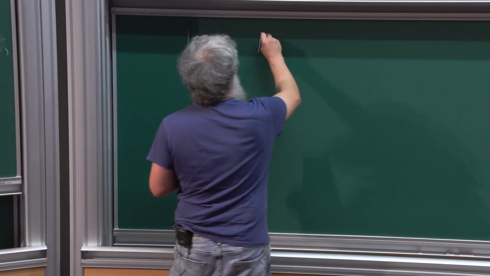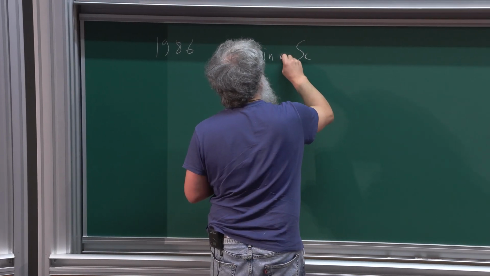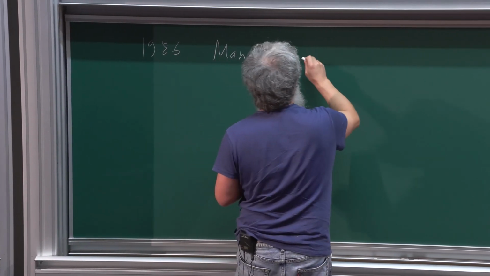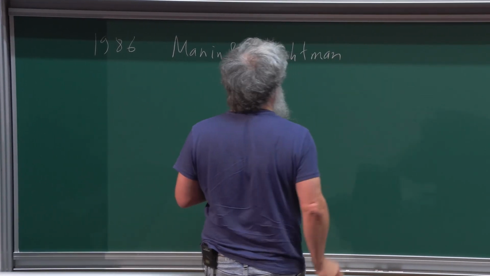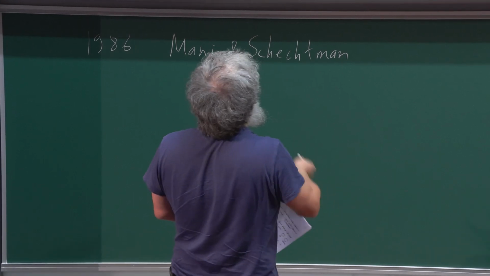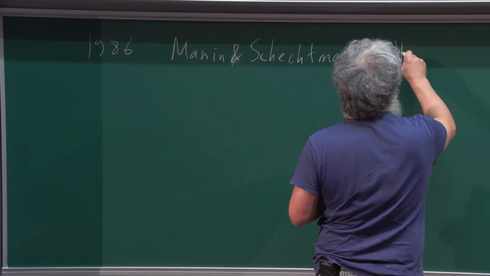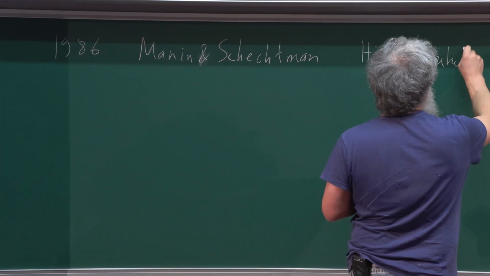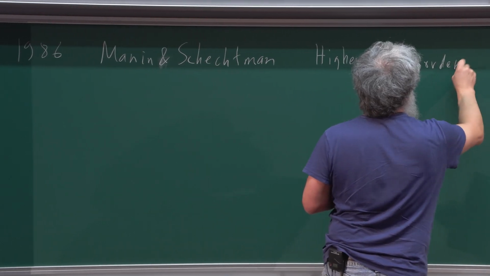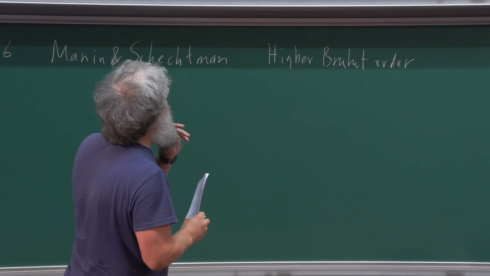And in 1986, Manin and Schechtman considered a theory related to the higher Bruhat orders, which generalize the Bruhat order on the symmetric group.